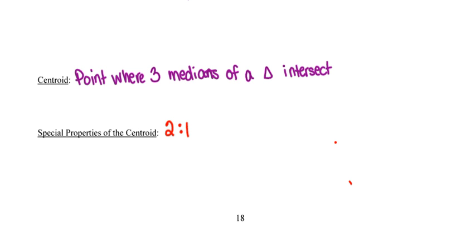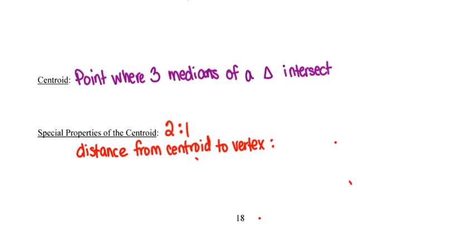And we'll talk more about what this looks like in the picture in just a minute. So the first part of this ratio, the 2 part, represents the distance from the centroid to a vertex. The smaller part of this ratio represents the distance from the centroid to the midpoint.